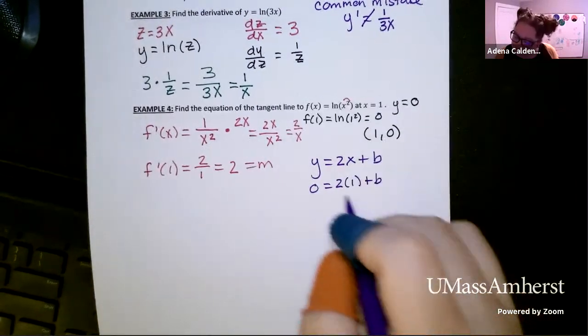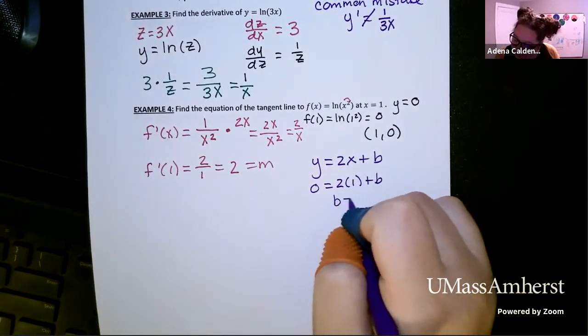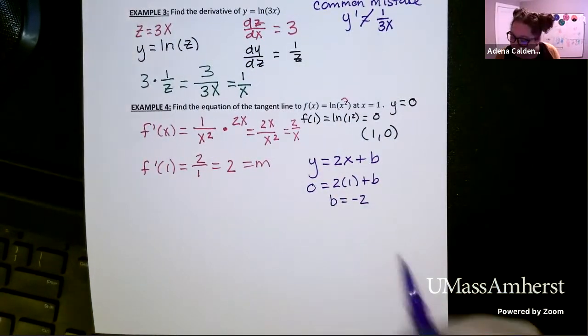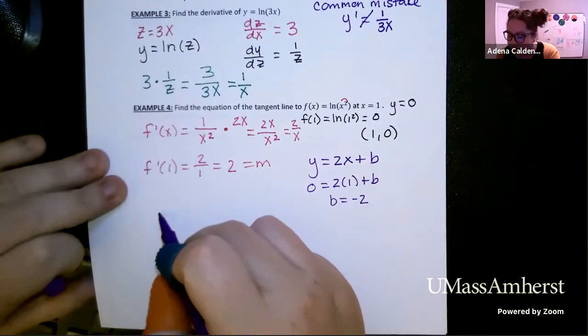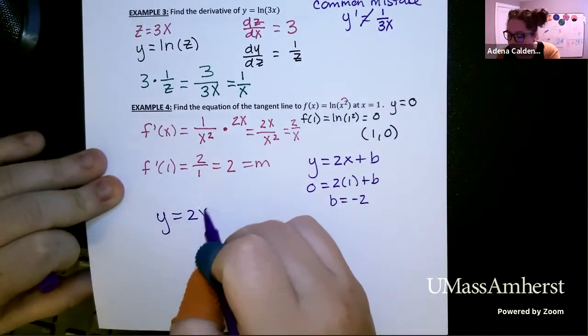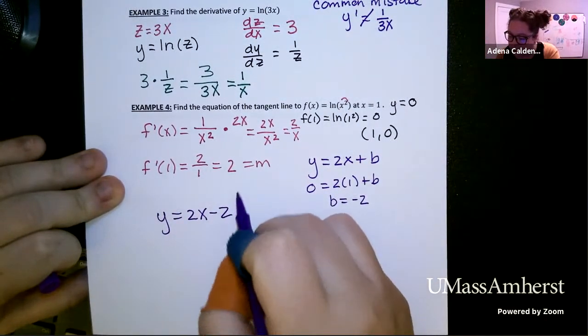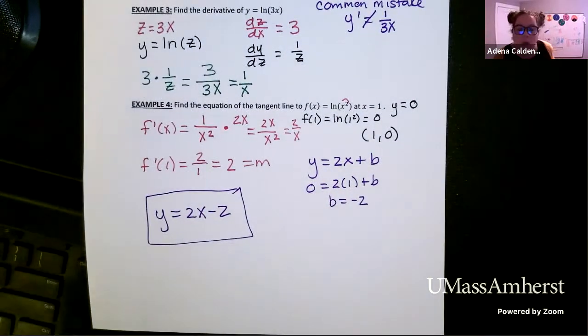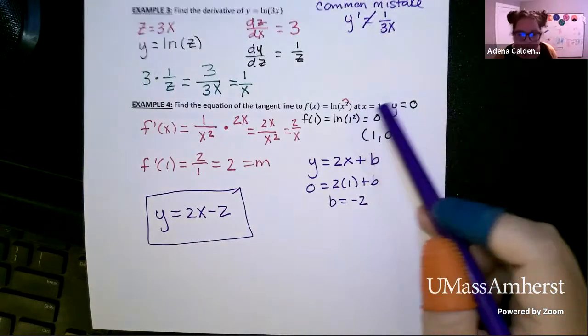So to solve for b, we need to subtract 2 from both sides, and we get b equals -2. So finally, we put all of this together, and we get y equals 2x minus 2.